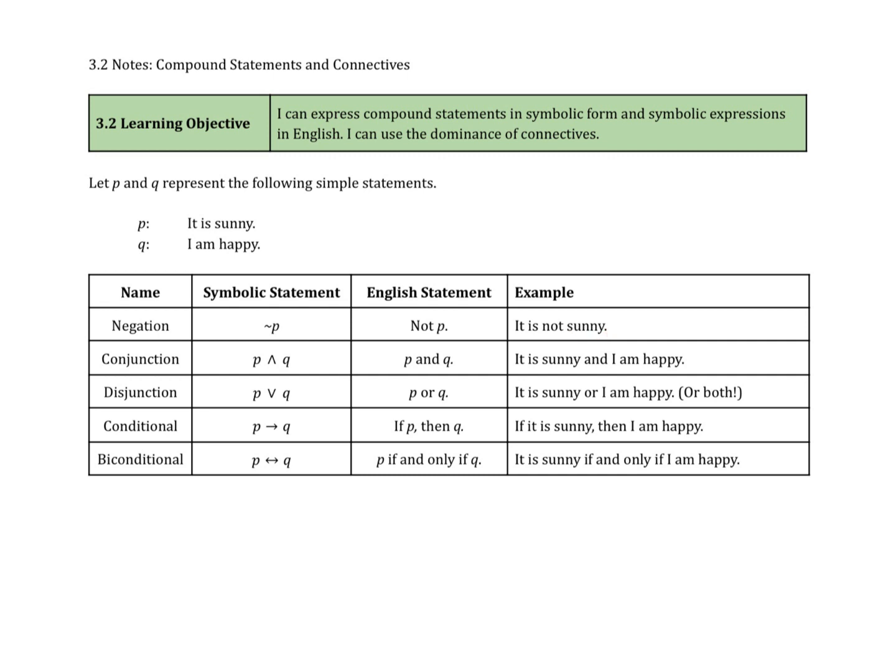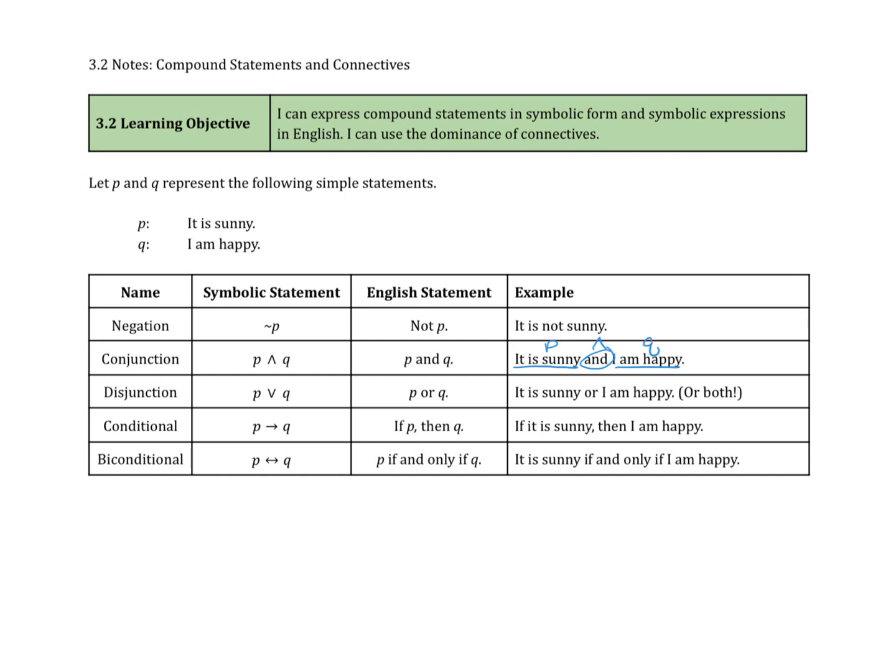Our next symbol that we're going to introduce looks like a capital A without the line. That's a conjunction and it represents the word and. So if we put that symbol in between P and Q, P and Q would be it is sunny and I am happy.